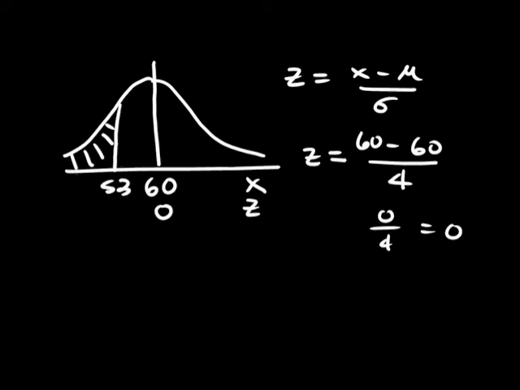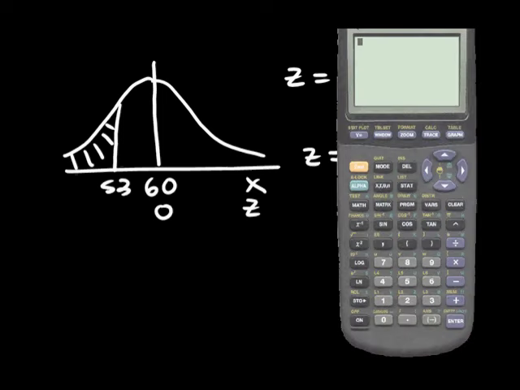So the mean became 0 as a z value. We know that already. We can always put 0 for the mean as a z-score, but we're going to have to convert 53. 53 minus 60 divided by 4 gives us negative 1.75.